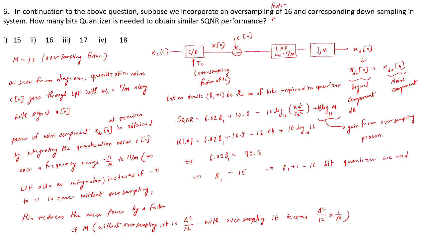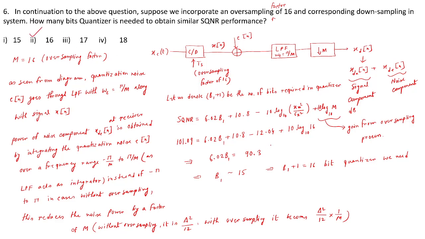Just be careful not to take the 15, because the b1 you obtain is used for the amplitude representation, but there is an additional 1 bit that would be used for sign representation. So your number of bits in the quantizer should always be b1 plus 1, not b1 only. So you must be careful, otherwise you can make this mistake.